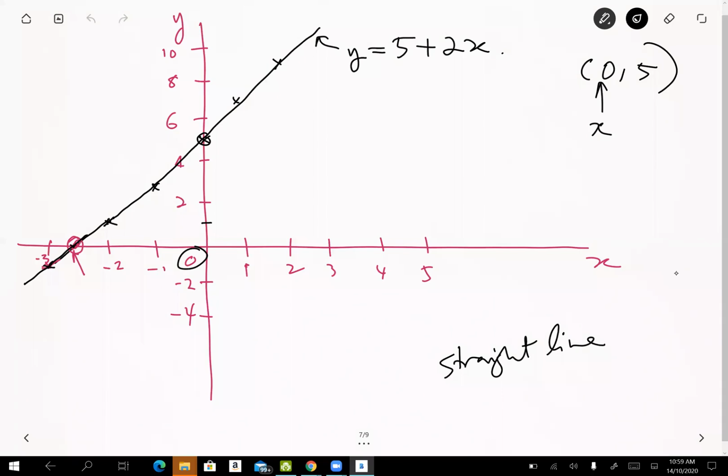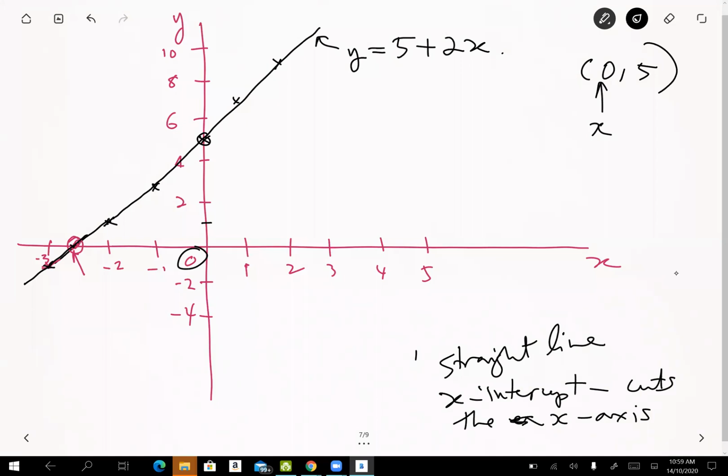Okay, you want to find that point. So the x-intercept, the point where it cuts the x-axis.